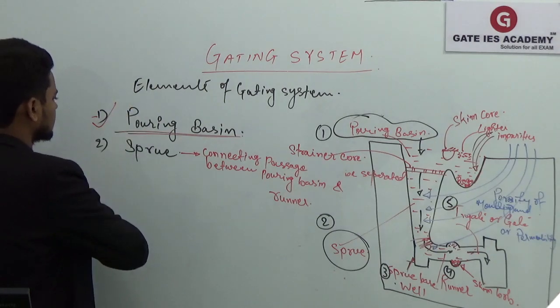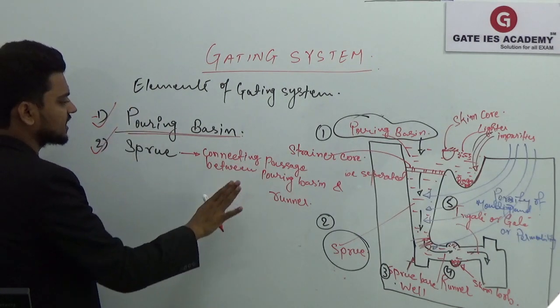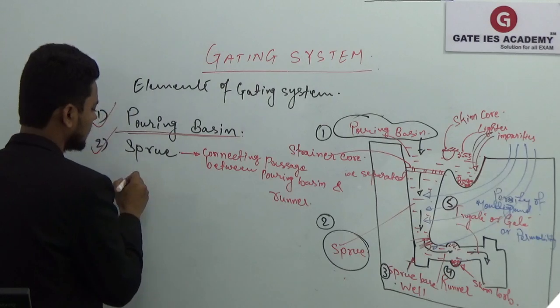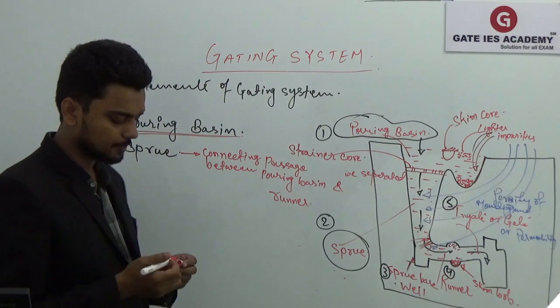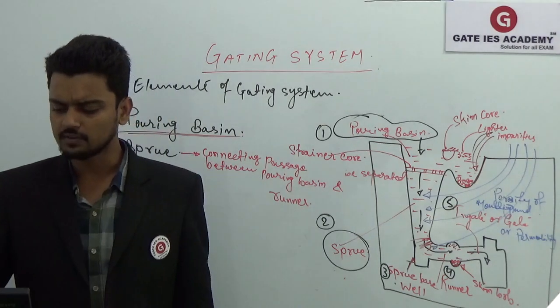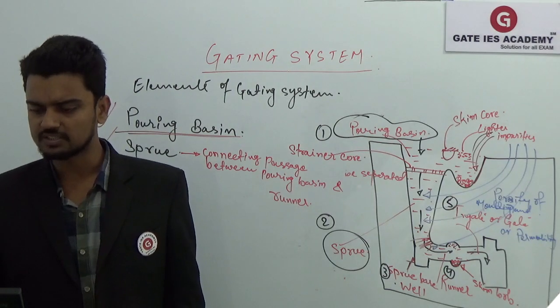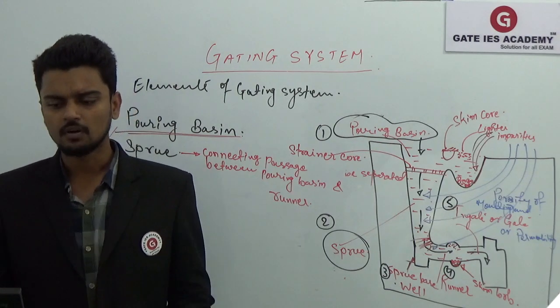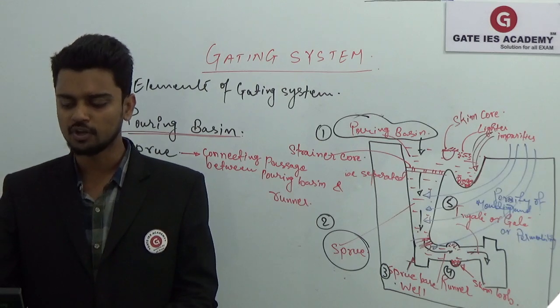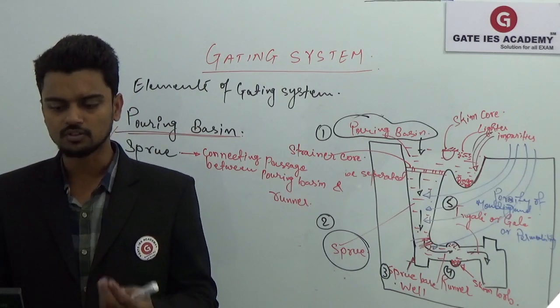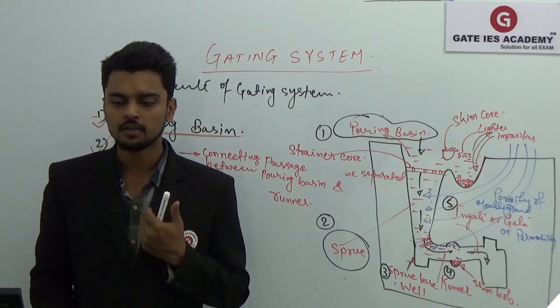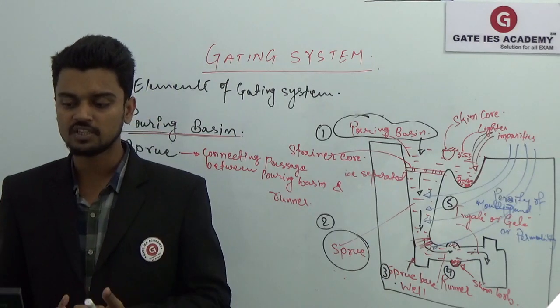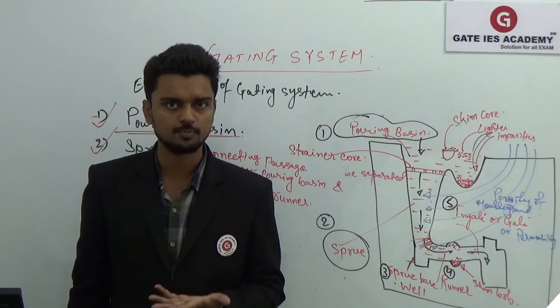So pouring basin we discussed. Sprue is a connecting passage between your pouring basin and a runner, and we use that tapered shape. So you can see the slide on your screen. Some important points regarding the pouring basin and sprue. The first point is that the pouring basin is a reservoir from which the molten metal enters smoothly into the sprue.